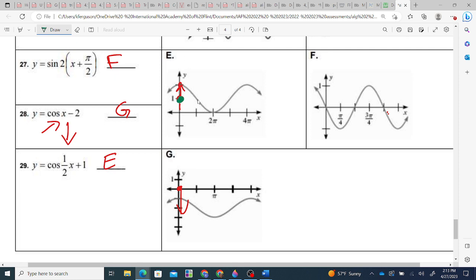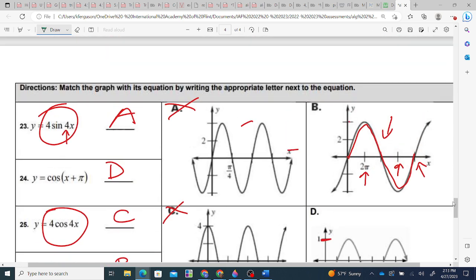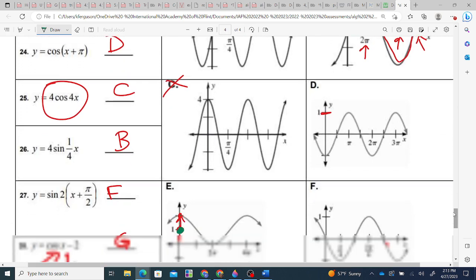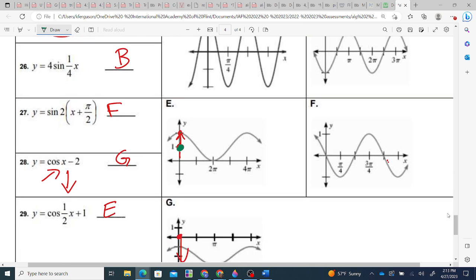So if I look here, halfway mark is at 2 pi. The completed graph is at 4 pi. So that works out. Has anybody got any questions about this? Because I'm gonna put matching on there. Yeah, not bad.